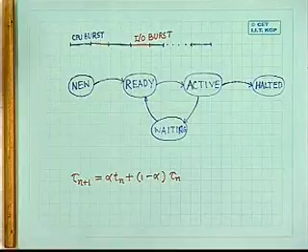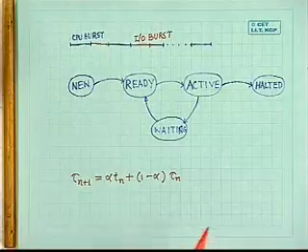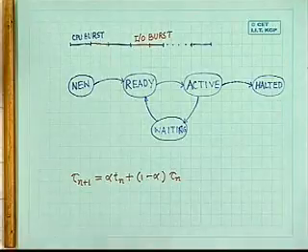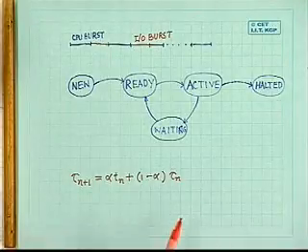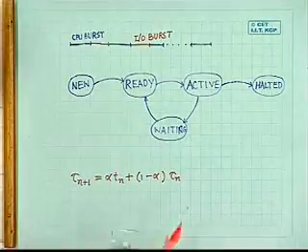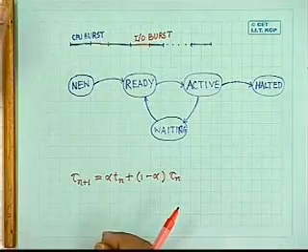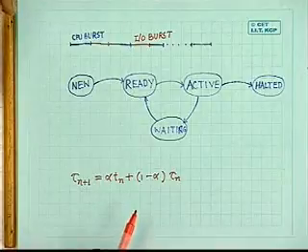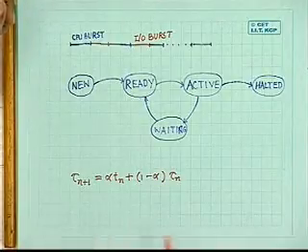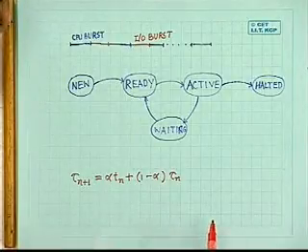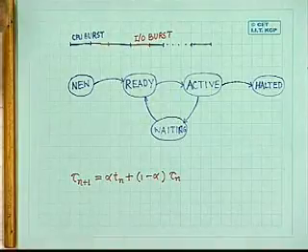That is tau 0. Because till that time the job has not been executed for any CPU burst, so I don't have any past history of the job. So usually what can be done is, for the first CPU burst, you execute the job on a first come first serve basis.